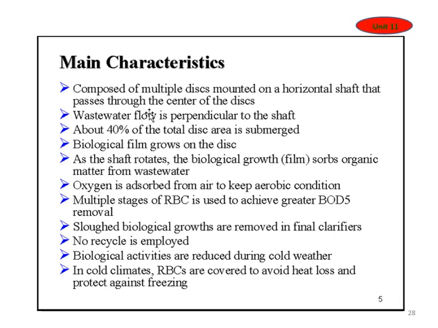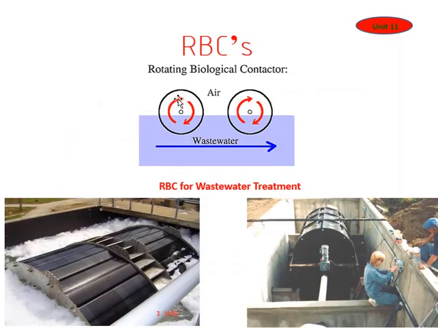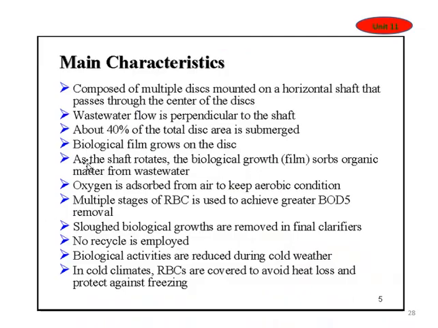Generally you can put multiple disc shaft drums, and you can add more discs to increase the size of the treatment plant. Generally the wastewater flows perpendicular to the shaft, as I showed you here. This is the shaft, which is going into the paper, and this is the perpendicular flow of the wastewater. About 40% of the total disk area is generally inside the water, submerged.